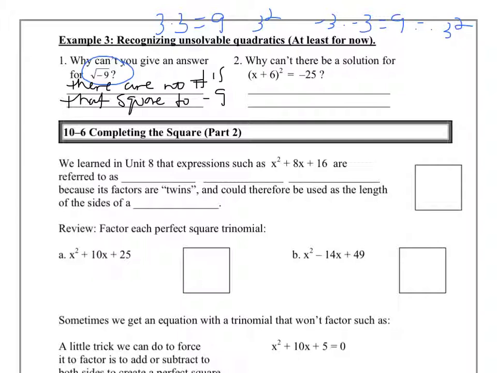Again, this is the same idea, except we have some number plus 6 squared is equal to negative 25. Anytime you square a number, it becomes positive, because a negative times a negative is positive. So here, same idea, there are no numbers that square to negative 25.